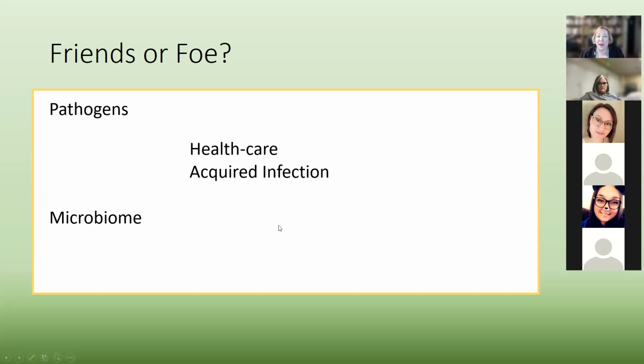All right. So healthcare acquired infections are those infections that you can get in a healthcare situation. Okay. So here's an example.